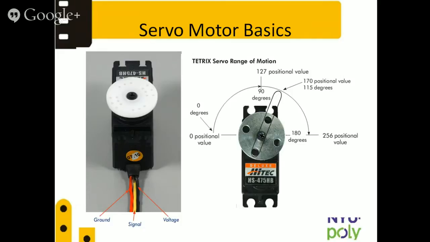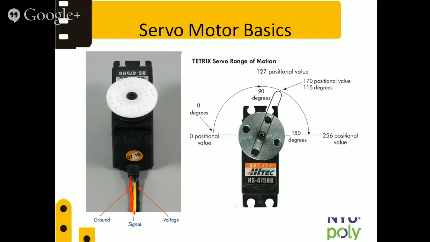All right. Next, this is the servo motor that connects to a controller. It is a Tetrix part, and we can see that the values in degrees go from 0 to 180 degrees.